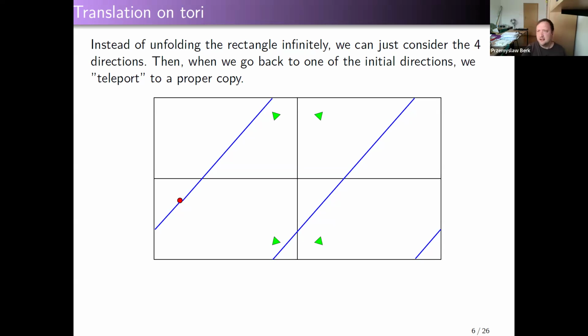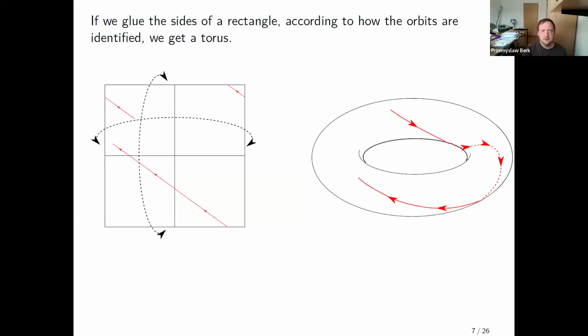Well, the object that I obtained is actually a torus. Once I take a piece of paper and connect the opposite sides and glue them, what do I get? I get a torus, a genus 1 surface.